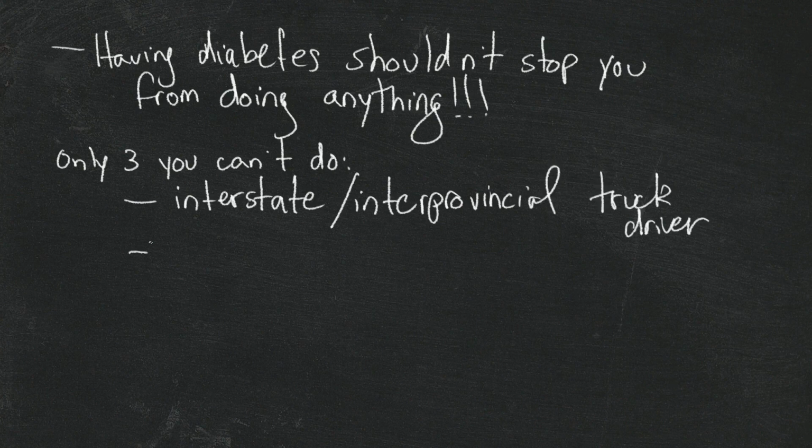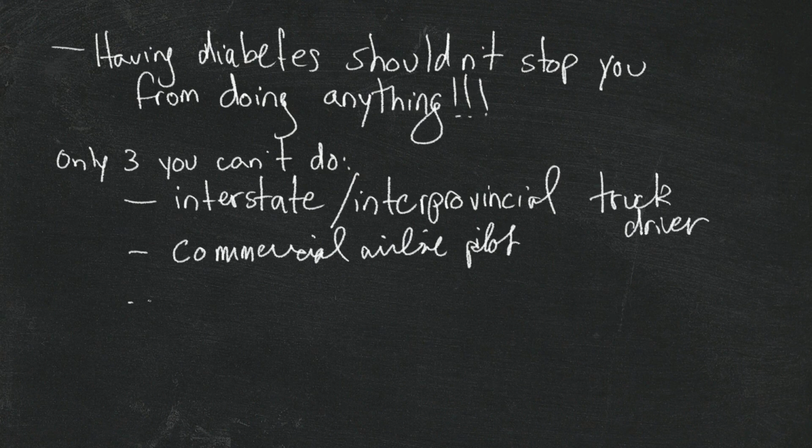You can't be a commercial airline pilot, although in Canada, if you were a pilot and you developed type 1 after being a pilot already, the Canadian Aviation Association will allow you to continue to fly, which I think is great, and which makes me think that maybe at some point I'd like to move to Canada. You can drive around within the state, or the province, around and around, but you can't drive inter.